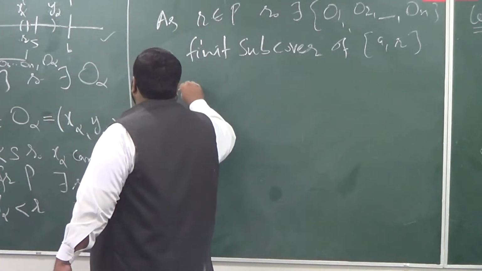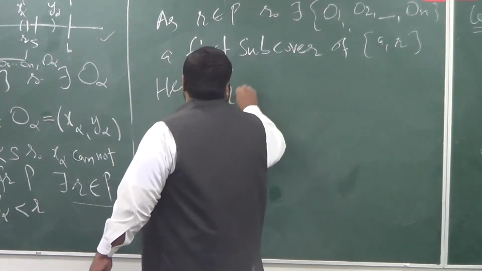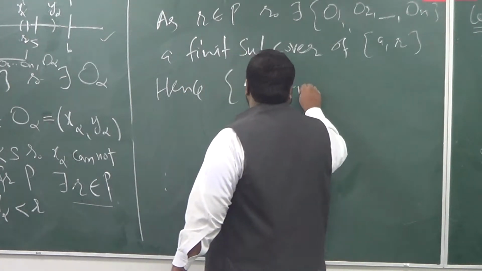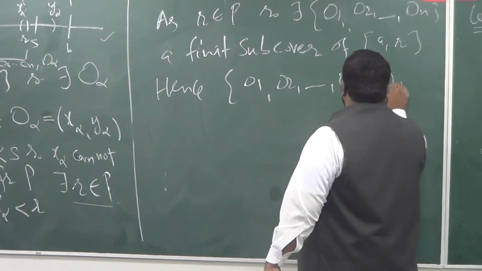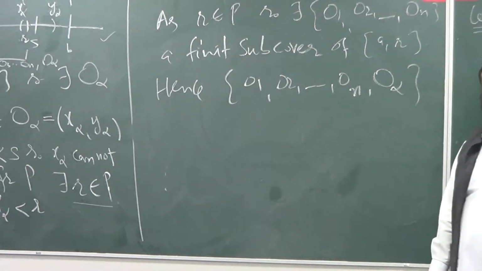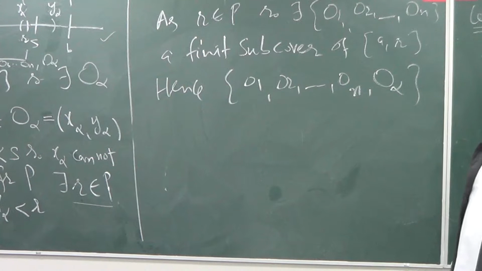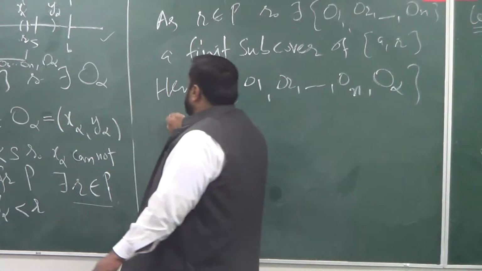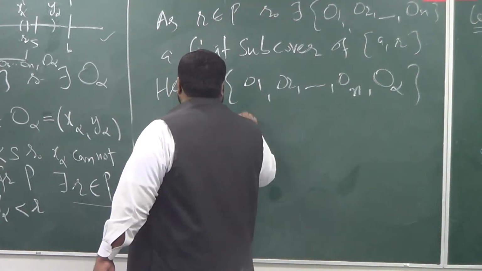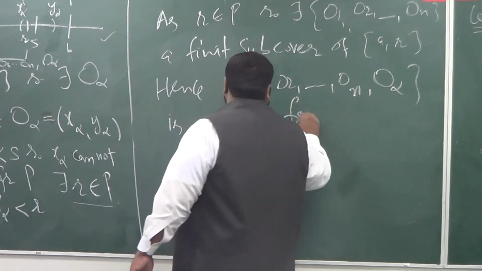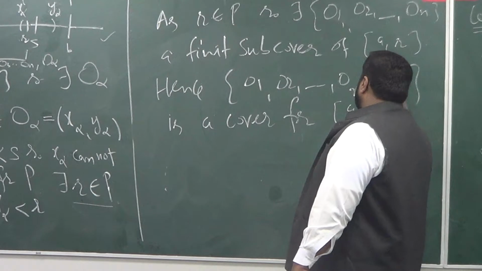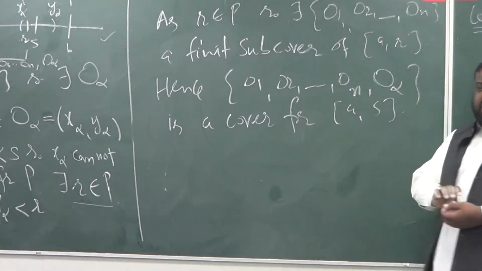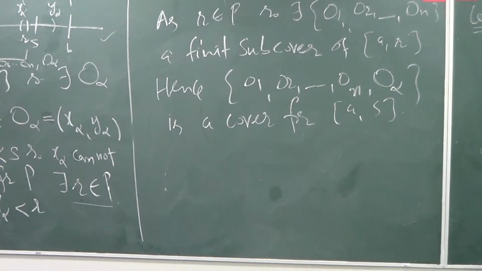Hence O1, O2, On, and adding O alpha into this collection is a cover for A to S. Is it going to cover A to S? Think about it. It's indeed going to cover A to S.